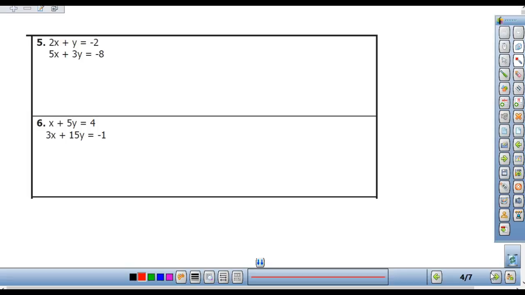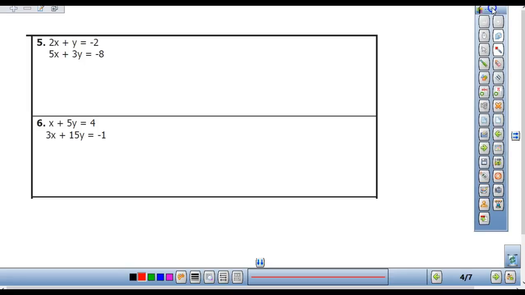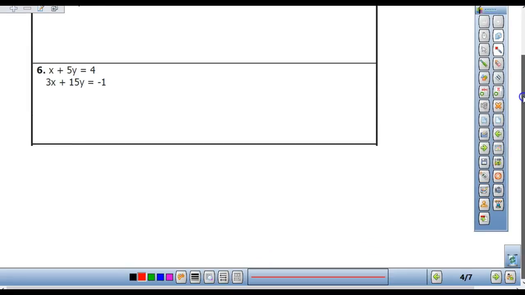All right, let's look at number 6. Okay, so number 6, what do you want to solve for? X. Which equation are you going to solve for x in? The top one, yeah. So if I'm going to solve for x in the top one, what do I have to do? Minus 5y, minus 5y.